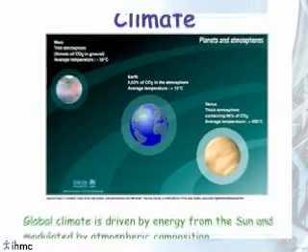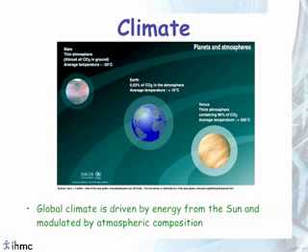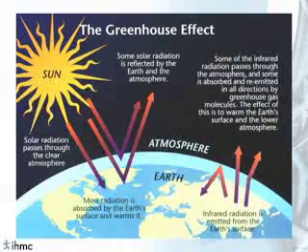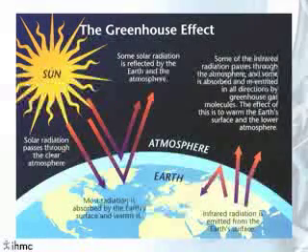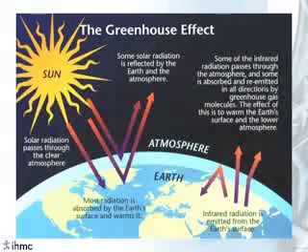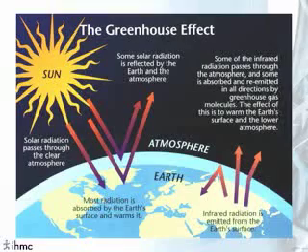So we already know from basic planetary science that the more greenhouse gases you have, the warmer the planet is going to be. Now, in order to understand how this greenhouse effect works, if you look at this simple diagram, you have the sun's energy coming in. Some of it is bounced back out to space by clouds, and some by the Earth's surface, for example, over ice and snow surfaces. So the absorbed amount of solar energy is one part of what determines the climate.